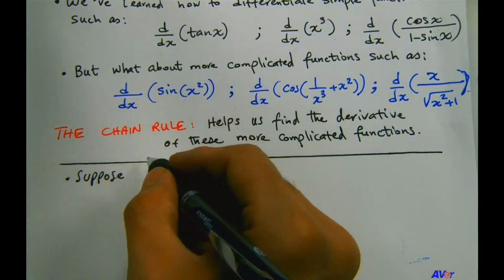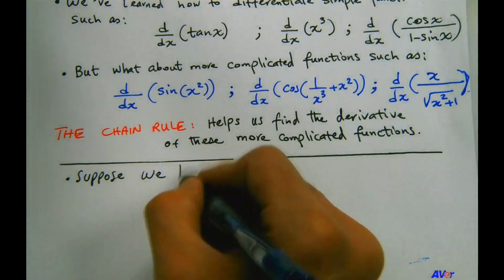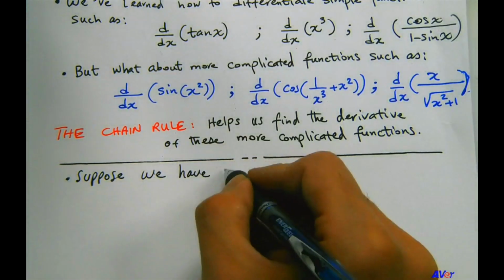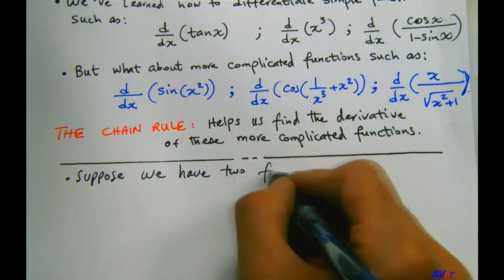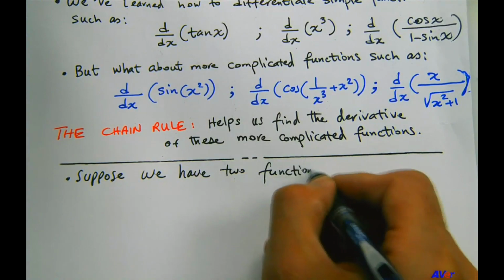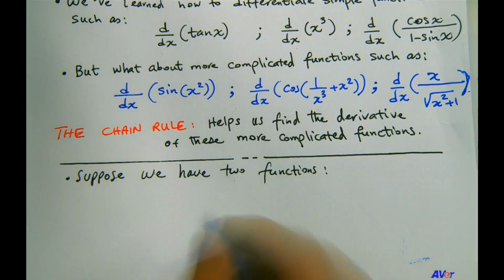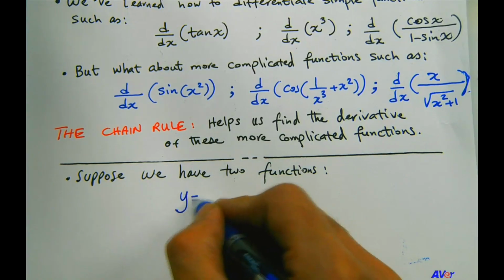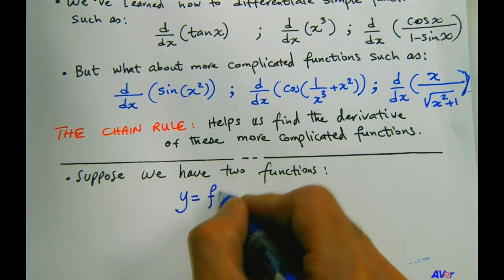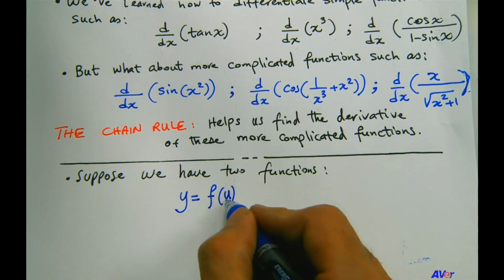So suppose we have two functions that are organized in this way. We have function y as a function of the variable u.